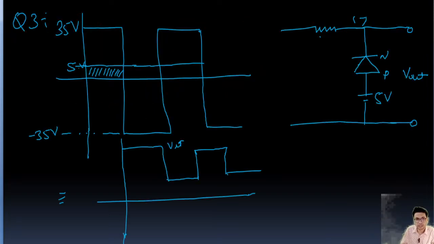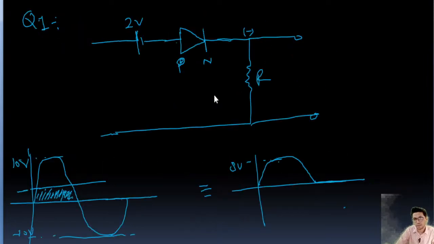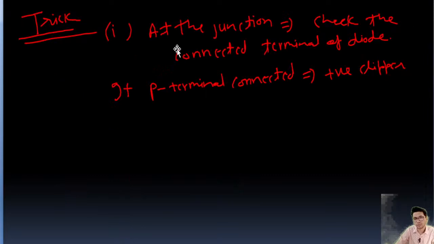And at this junction we'll check, right. If p is connected, in that case this is where p is connected, then this will be positive clipper.